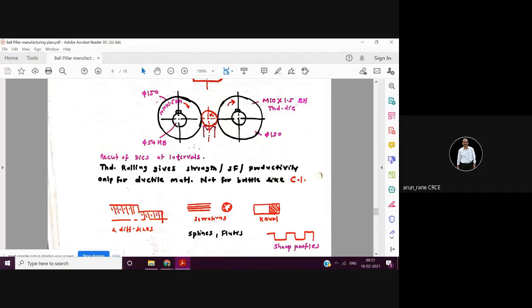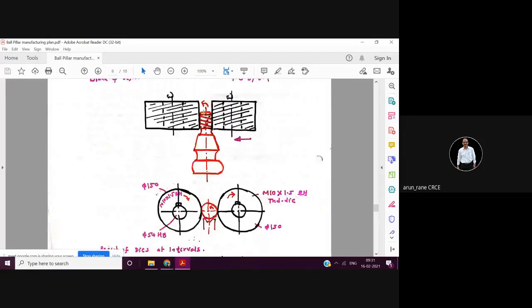Two different sizes are also possible. Suppose this is M10 and this is M16. It's not necessary that this should be straight. You can have a step here, and here also you can do threading. Suppose we have M10 threading here and M16 threading here, first you finish all the M10, then you change the setup, because from M10 to M16 you need to change these dies.